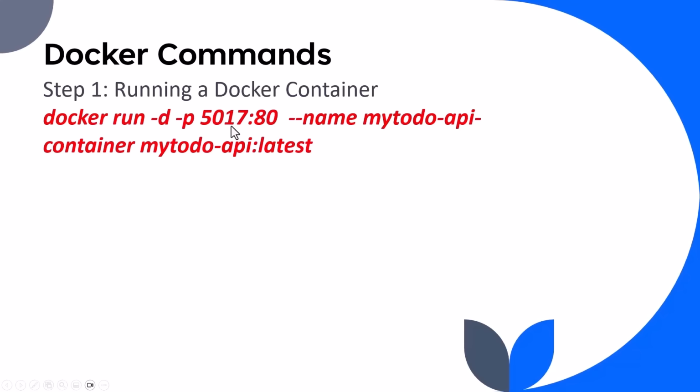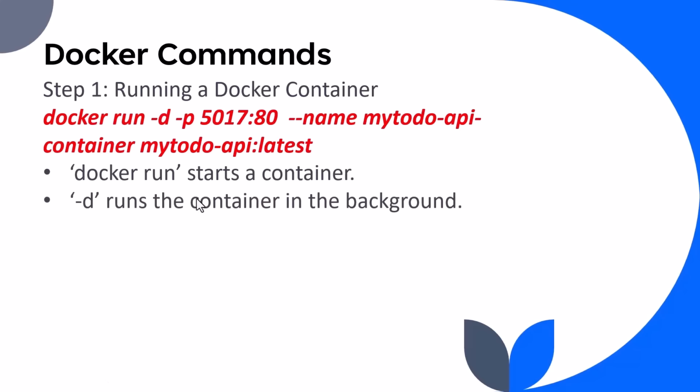Then --name gives the name of the container, which is my to do API container, and this is the image to be used, that is my to do API latest.